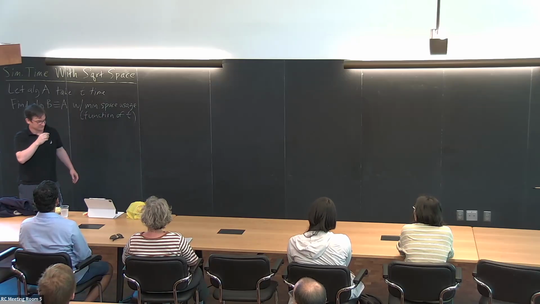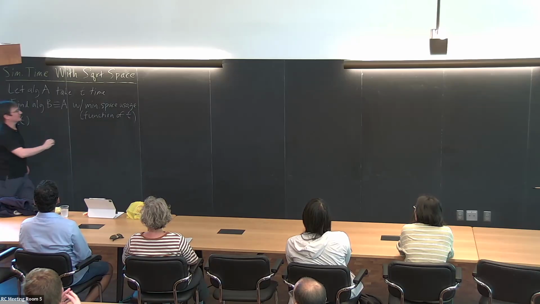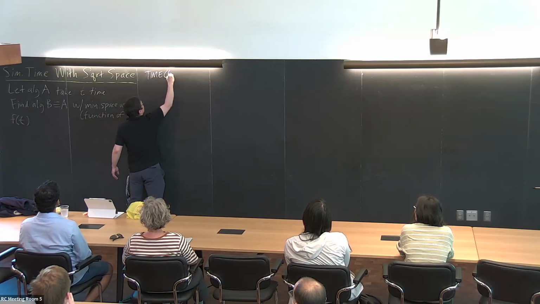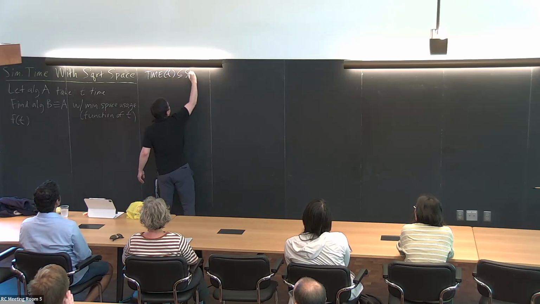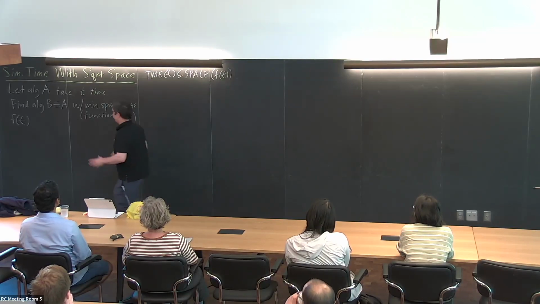Okay, so just to get our bearings, for all reasonable models of computation that we want to think about, we're asking whether time t is contained in space f of t, and we want to minimize f.